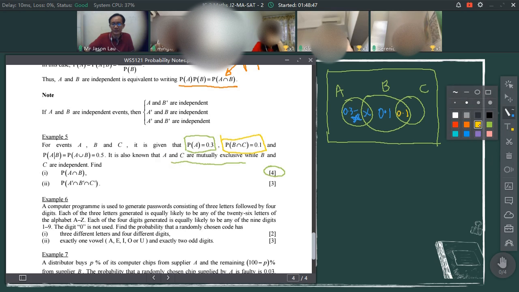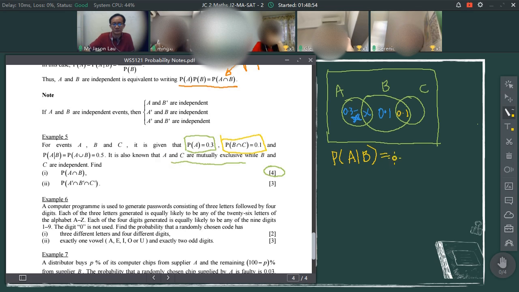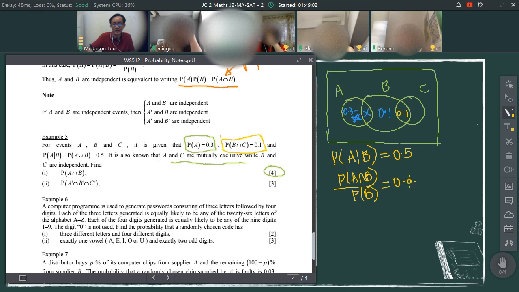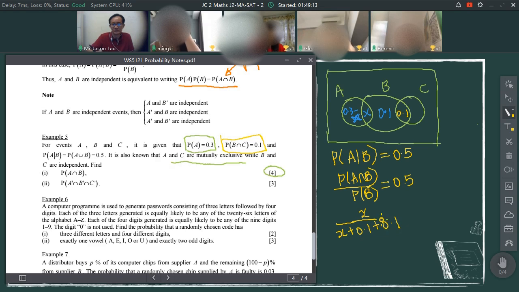This part, right? You have one piece of information not completely used. This is that information, so this is your A intersect B. Oh, I see. We are trying to use this information. So you have X over PB. Your PB is how much? You don't know. Oh, X plus 0.2.